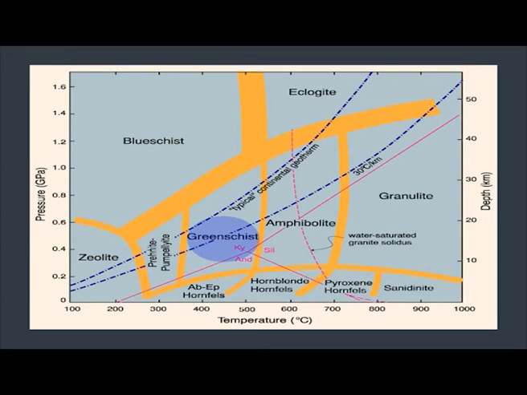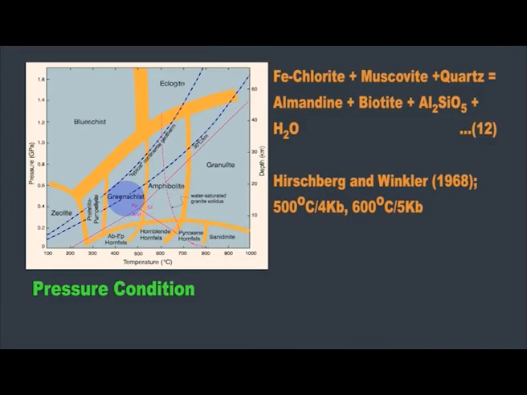It may be considered that pressure may be above 4 kilobar. This lower limit of pressure is also in agreement with the experimental work on almandine, which suggests pressure of more than 4 kilobar. Fe chlorite plus muscovite plus quartz gives rise to almandine plus biotite plus or minus aluminosilicate plus water.